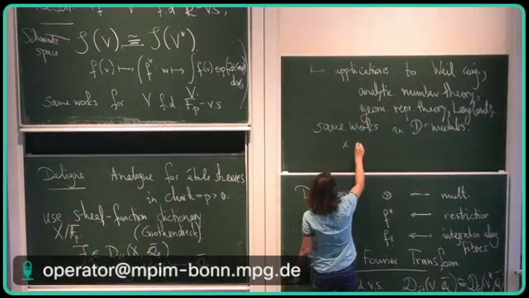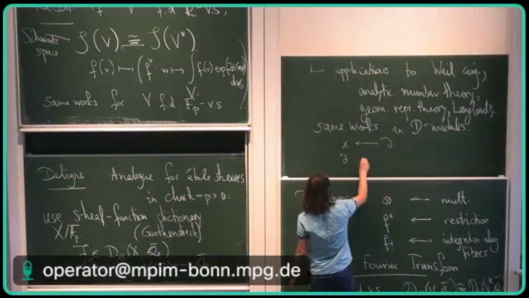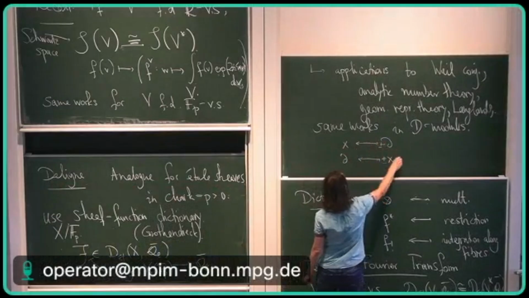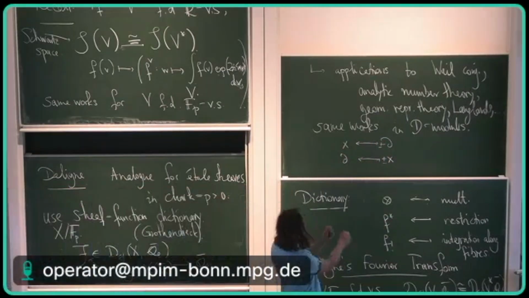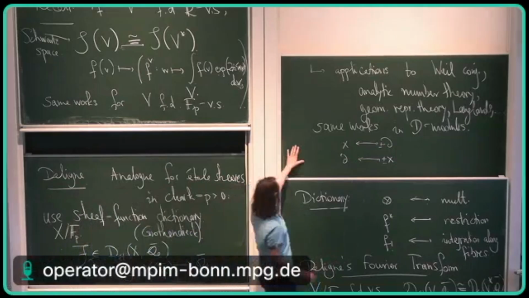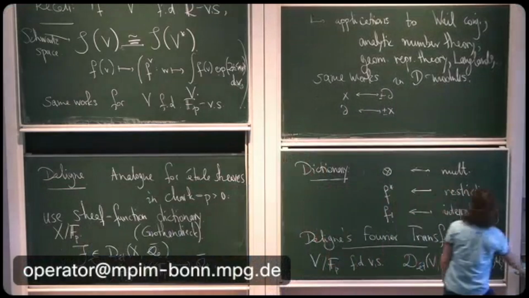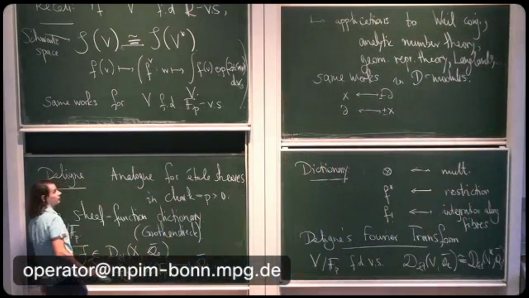And basically, under the Fourier transform, the action of x is swapped with the action of the derivative, and the action of the derivative is swapped with the action of x up to some signs. So you're kind of swapping what the geometric variables are and what the derivative variables are under the Fourier transform. And also in D modules, there's lots of applications.